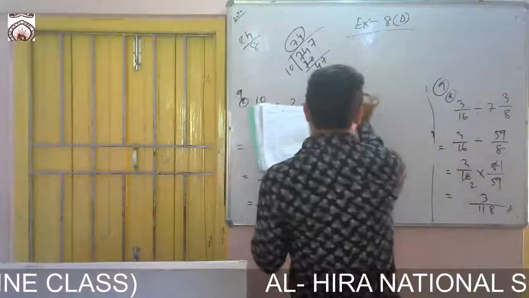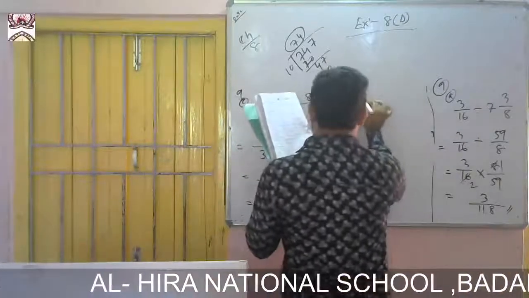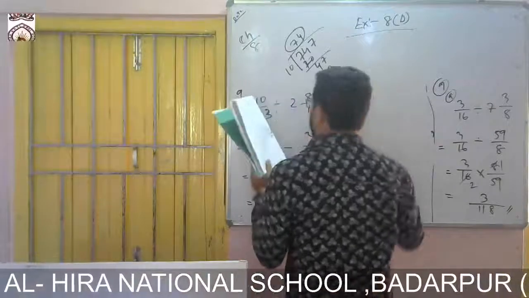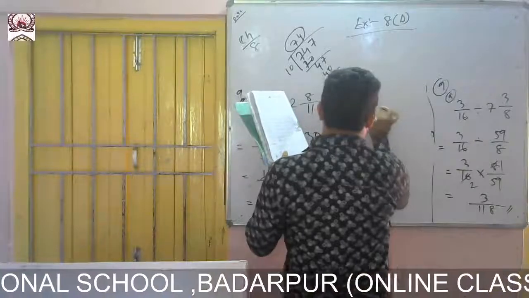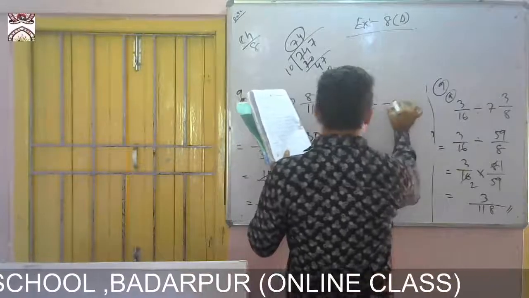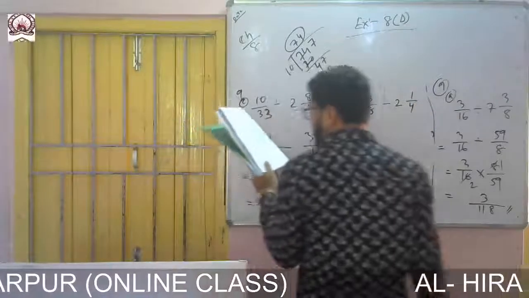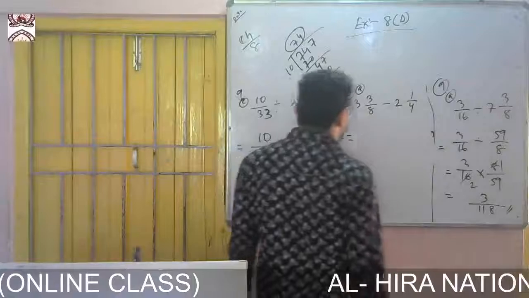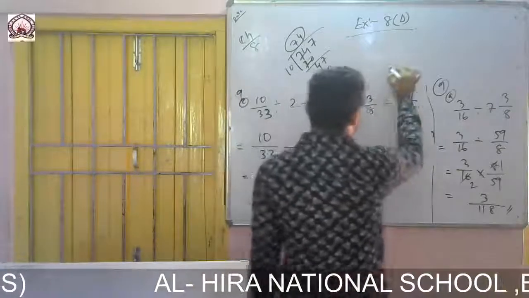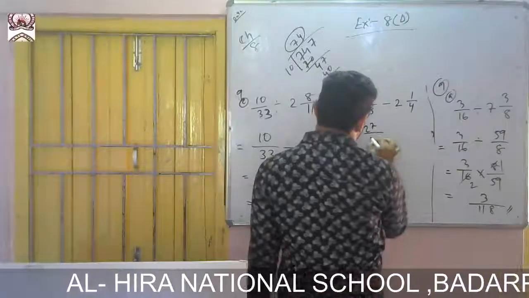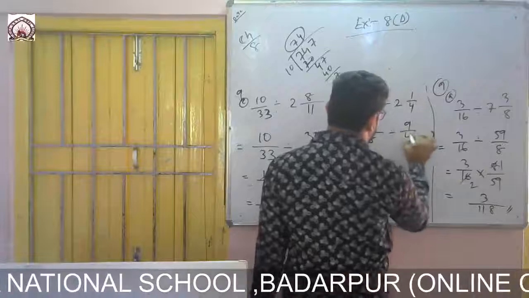Now come to question number 10. So question number 10, what is there? 10A: 3 by 8 divided by 2 1 by 4. Now you break this one. 3 8s are 24, 25, 26, 27. 27 by 8 divided by 4 2s are 8 and 1 is 9, 9 by 4.